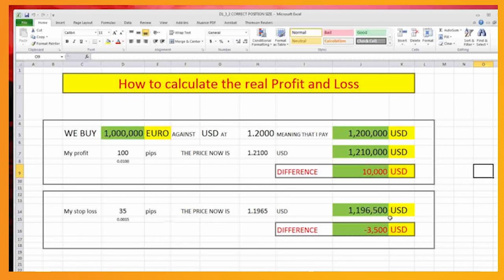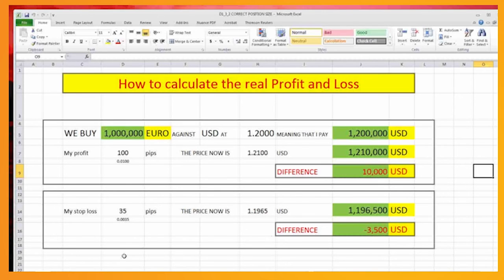The risk reward ratio is pretty good, because if you risk $3,500 to make $10,000, I think it's logical. So again, we buy 1 million euro and we pay $1,200,000. If I make 1 cent or 100 pips, I'm going to make $10,000. But if I hit my stop loss, I'm going to lose $3,500.